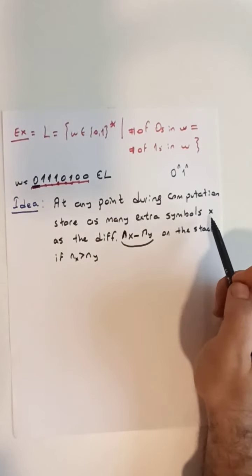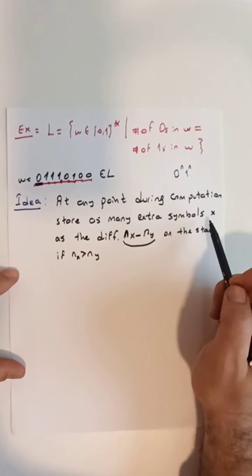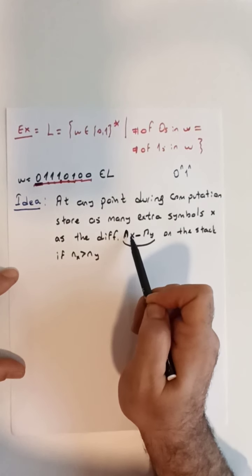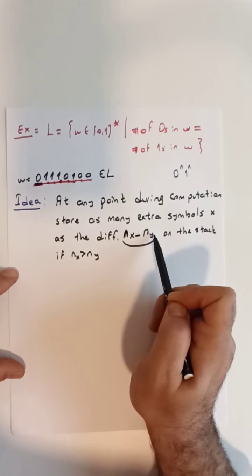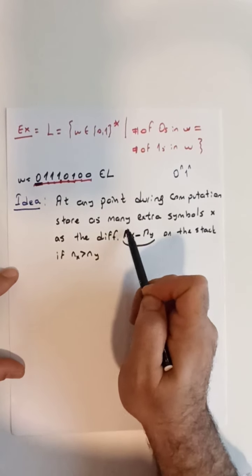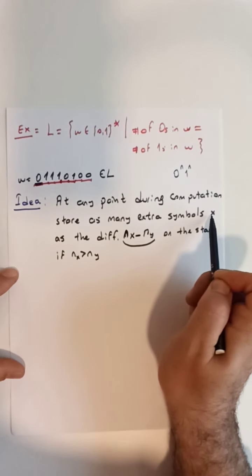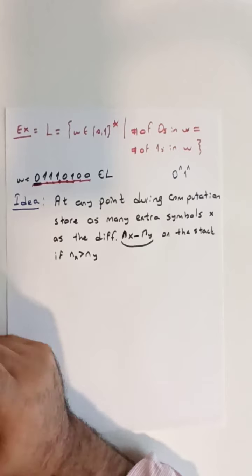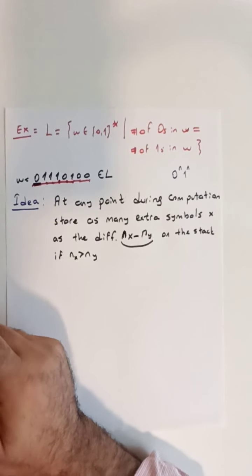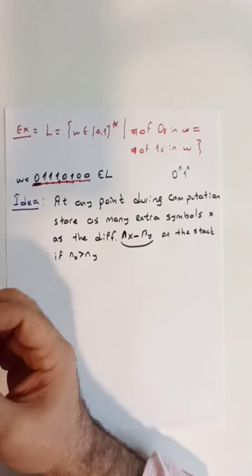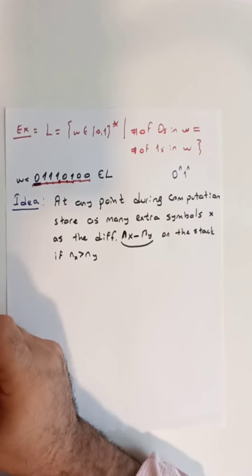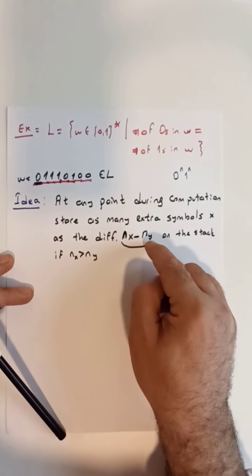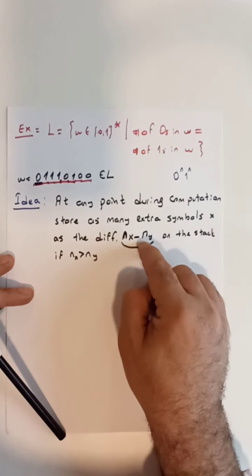So let's say at some point we have seen nx many zeros in the input string and ny many ones in the string. Then we want to keep as many symbols 0 in the stack as the difference, because this way, if the next symbol is simply a 1, we will be able to remove a symbol 0 from the stack to decrease that difference. Or if we see yet another symbol 0, then we will be able to introduce yet another 0 in the stack to increase this difference.